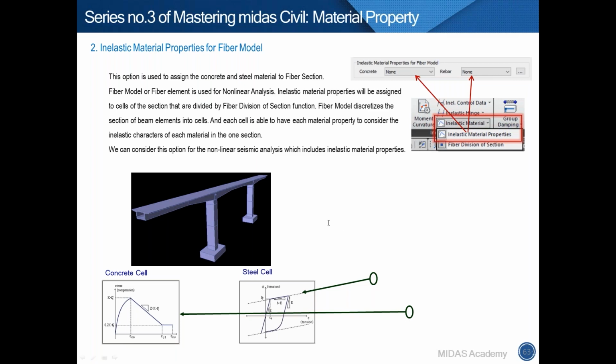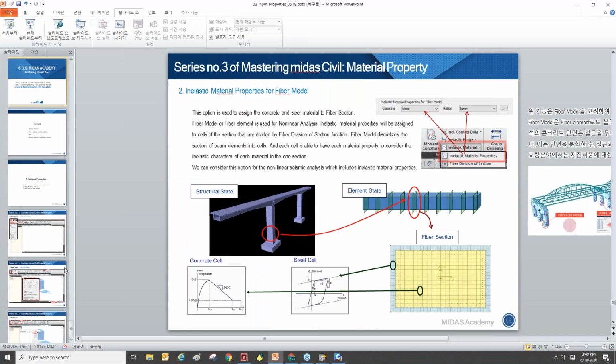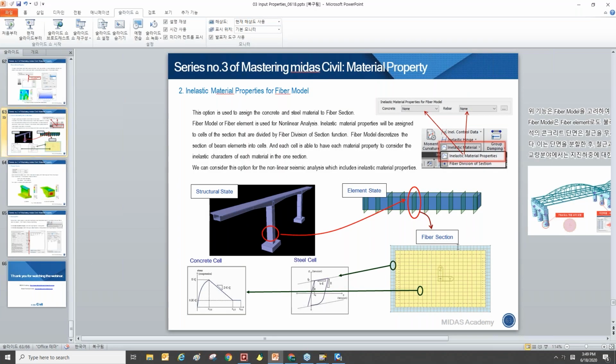Fiber model means the program divides the section of the element, like this. The software divides each section into cells, and the software will assign the nonlinear material properties to the steel cell, concrete cell, and the reinforcement cell.